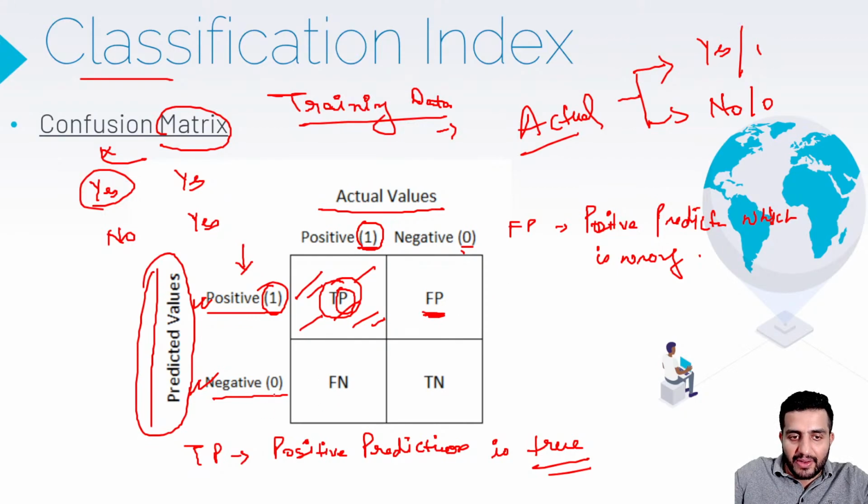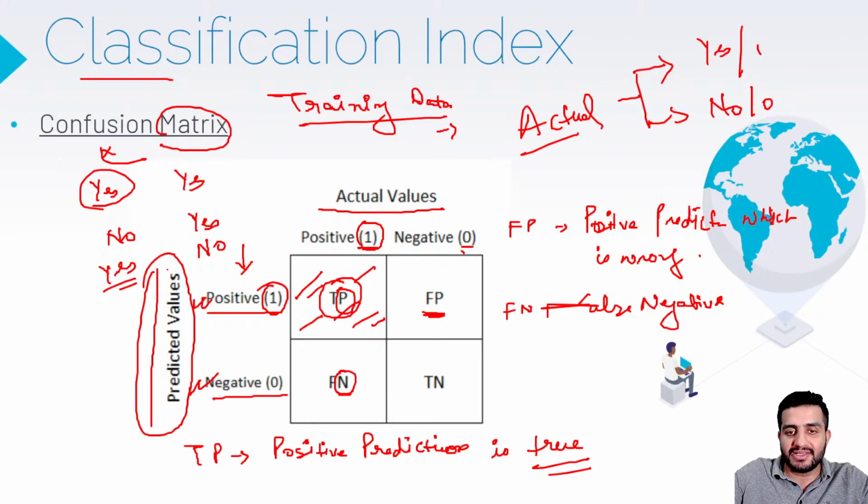Now likewise, false negative. So this FN is nothing but false negative. This N, negative, is from the prediction. So I predicted this guy as negative, no, but originally he had the issue. He had the disease.